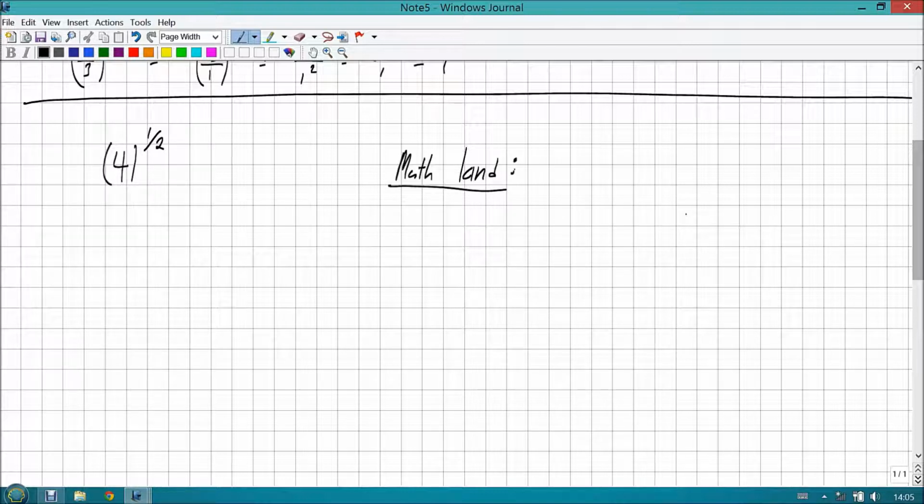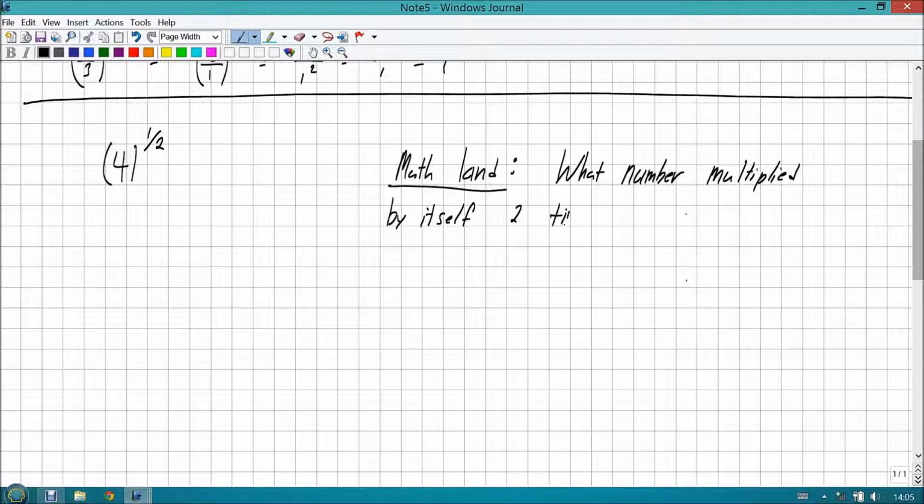It honestly means: what number multiplied by itself two times gives me 4? In other words, it's a radical.